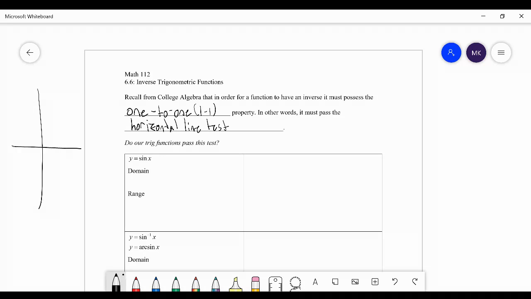Now, if we think about our sine and cosine functions, obviously these do not pass a horizontal line test.